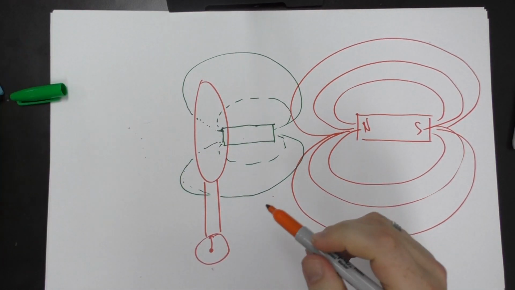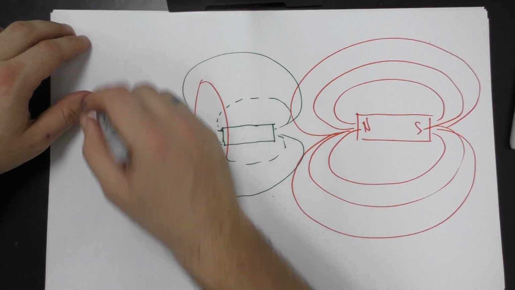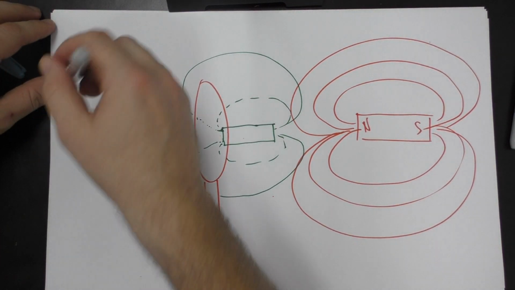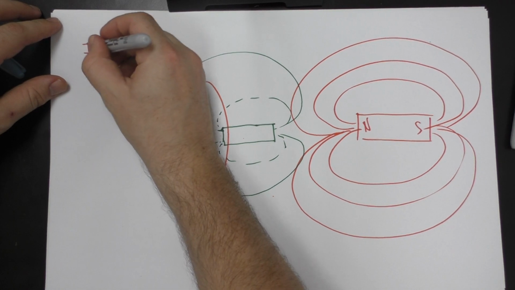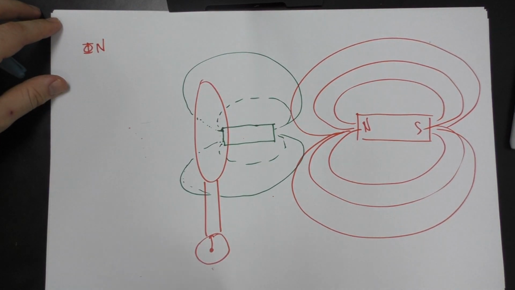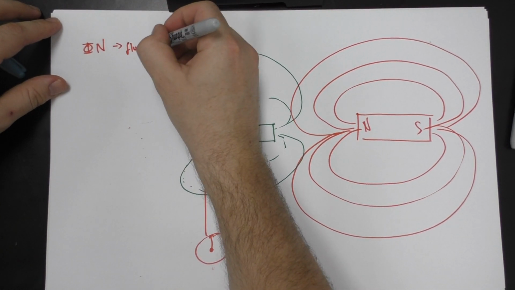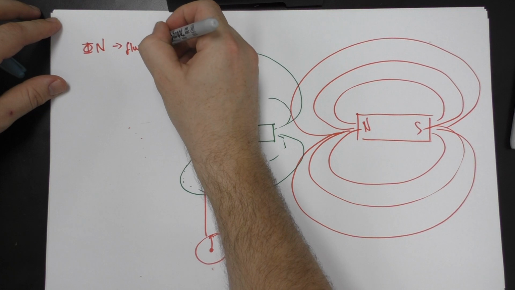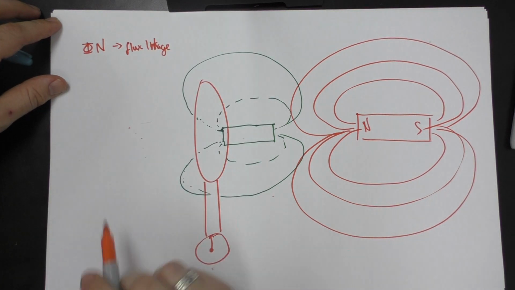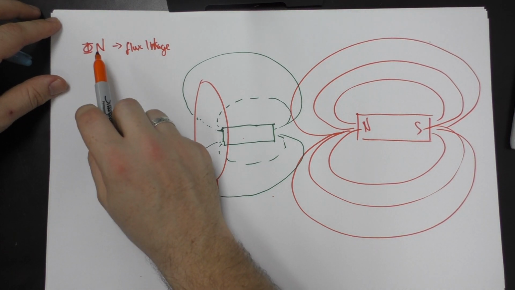So we've introduced this term flux linkage. And flux linkage is obviously flux that's linked through that number of coils.